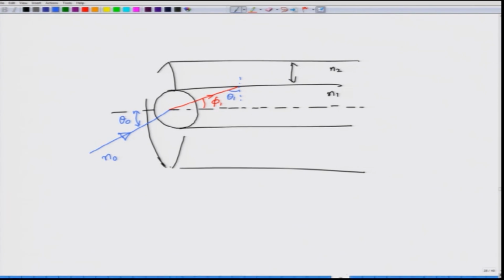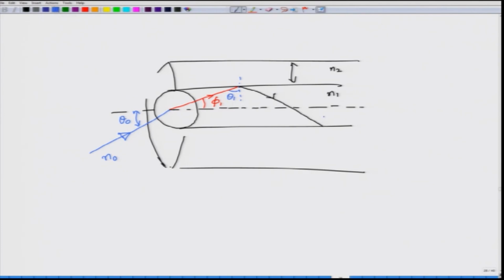Now what I want to understand is, if I were to have this second ray of light which is travelling inside the core hit the core cladding interface at an angle theta 1, what happens if this angle theta 1 is greater than the critical angle of the interface between core and cladding? If it is greater than the critical angle, we know that this ray of light actually goes back, because it is totally internally reflected and now arrives at the lower interface of core and cladding.